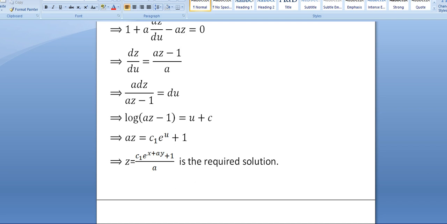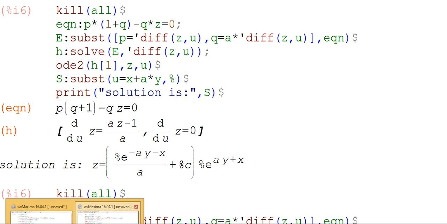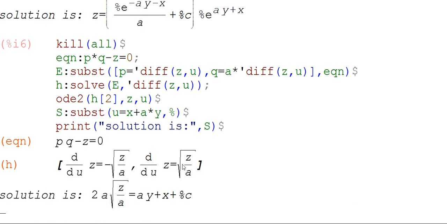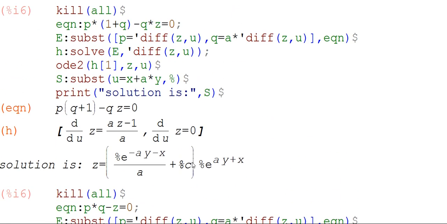Let us consider the maxima program of this now. If I take the maxima program of this, eqn is P into 1 plus Q minus QZ is equal to 0.